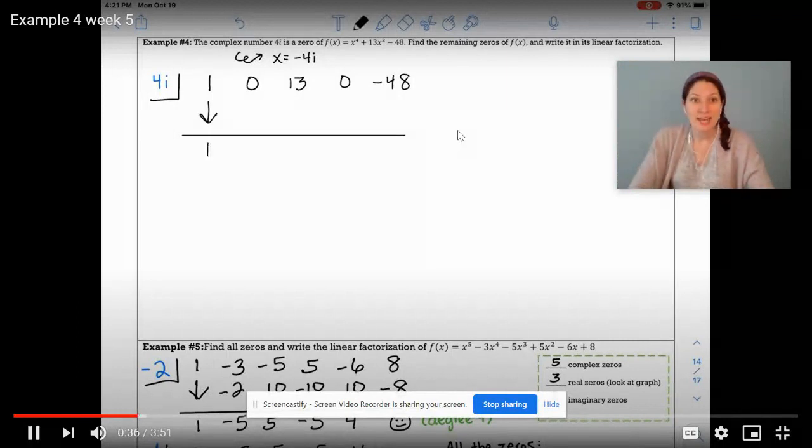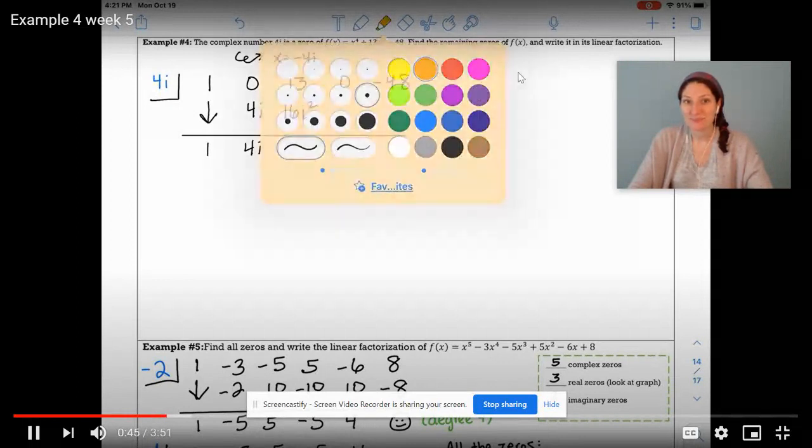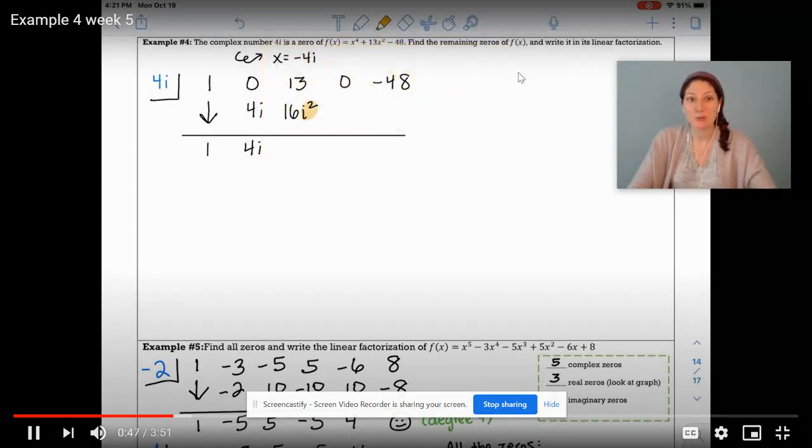So I go through synthetic, drop the first number, multiply, add, multiply. Now be careful here, I squared, we know that i squared is equal to negative 1. So this really is negative 16. And 13 plus negative 16 gives me negative 3.